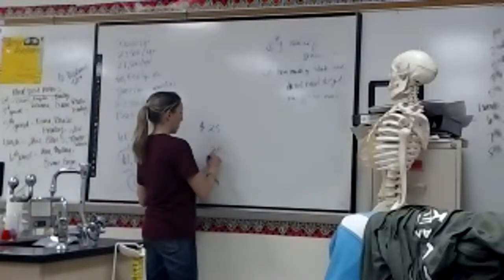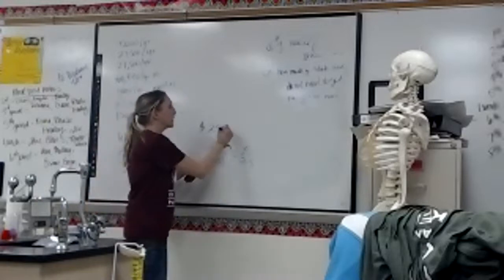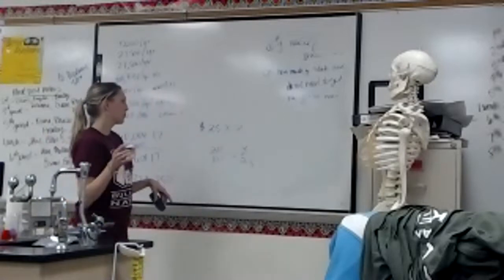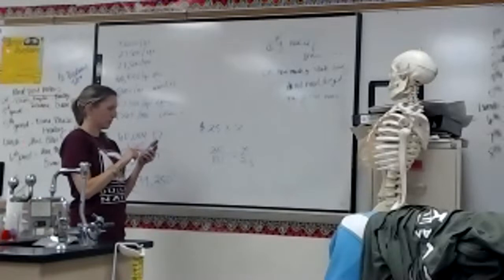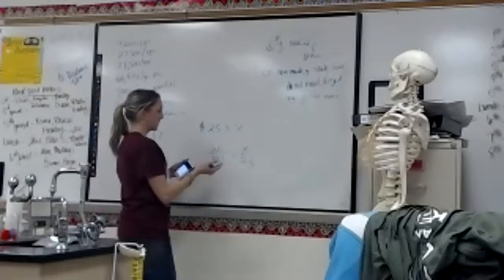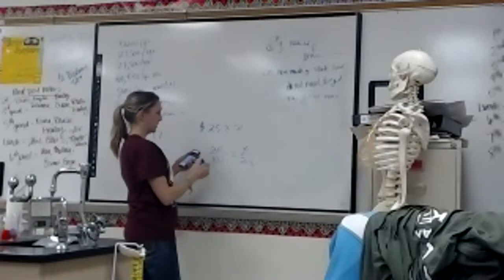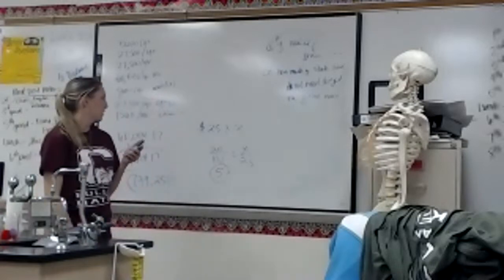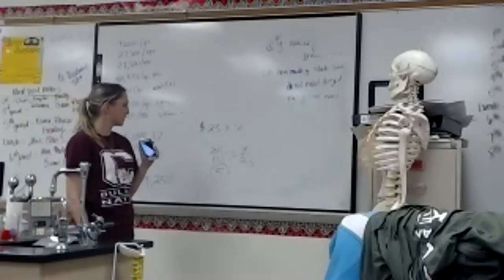So 20 over 100 equals X over 25, or you can just do times 0.2 if you want to. But anyway, 25 times 20 is 500, divided by 100 is $5, which makes sense because $5 is definitely 20%.